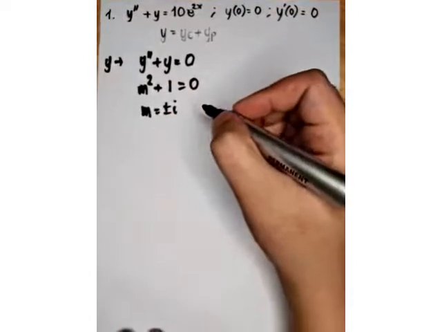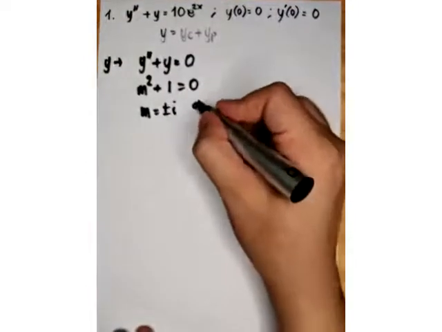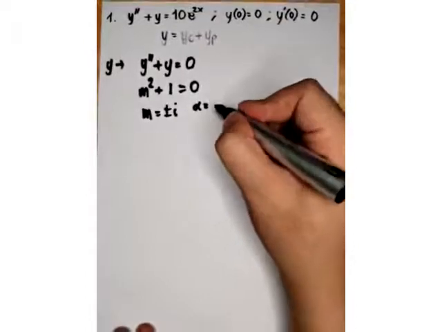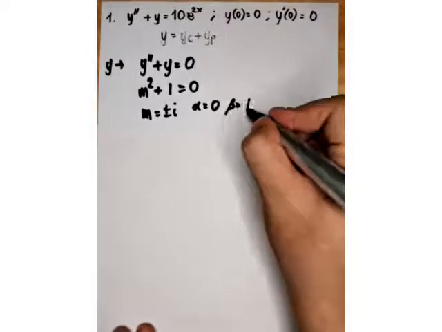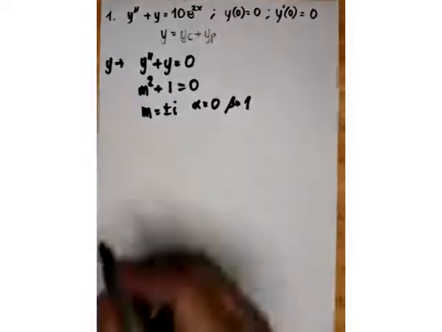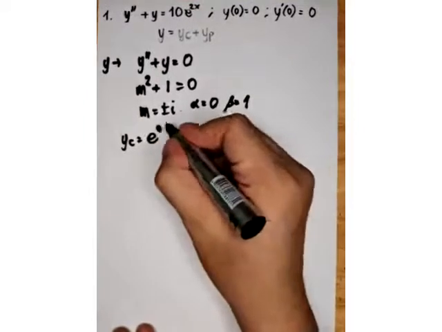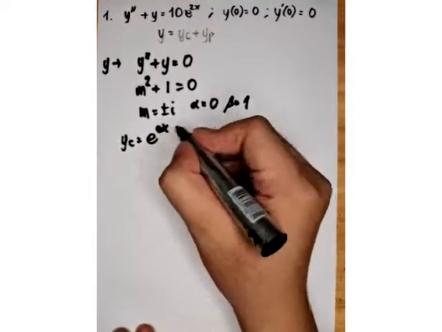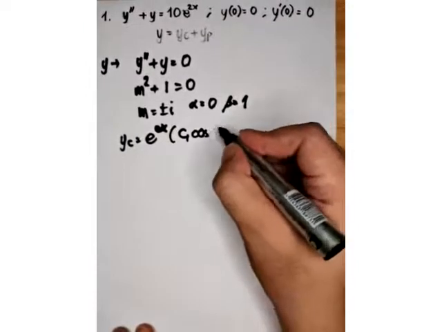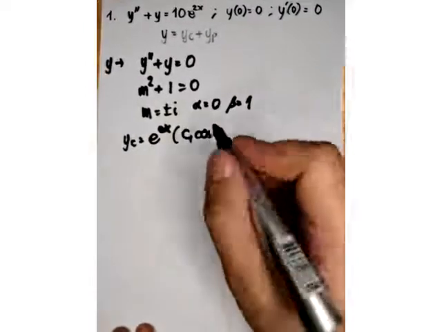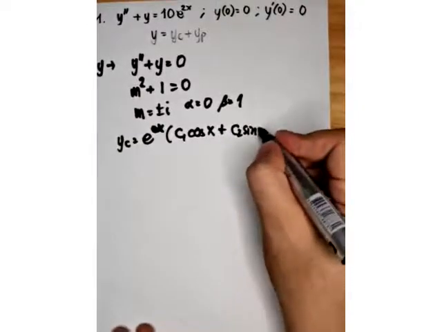So it's case number 2 of our homogeneous equation. So we need to find alpha. Base dito, ang alpha ay 0, and then beta is equal to 1. So ang y sub c natin ay equal sa e raised to 0x times quantity c1 cosine beta x, so that is cosine x, plus c2 sine x.